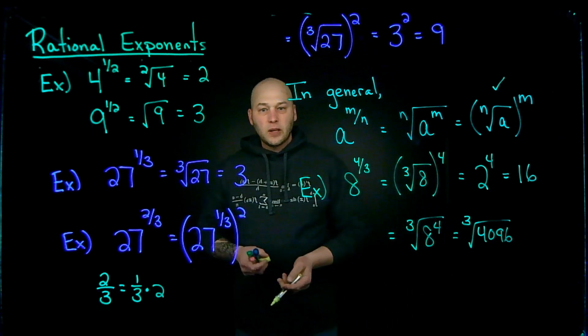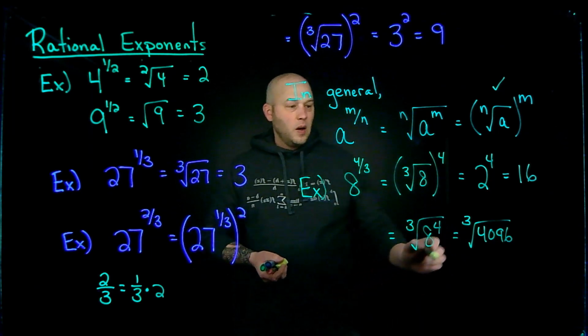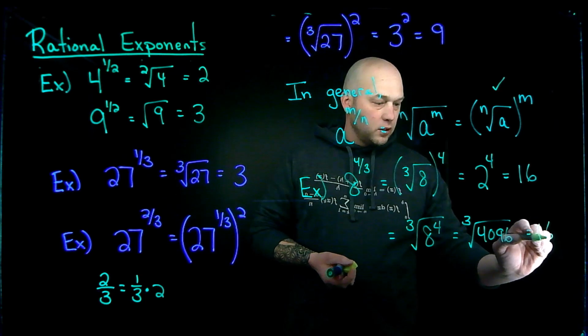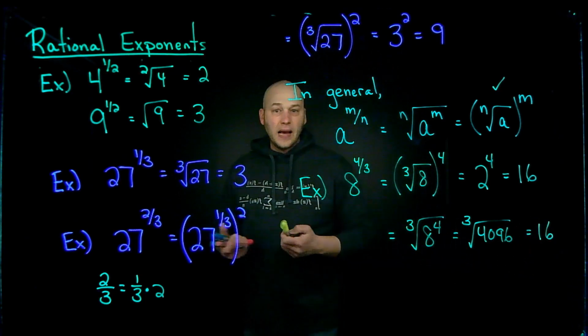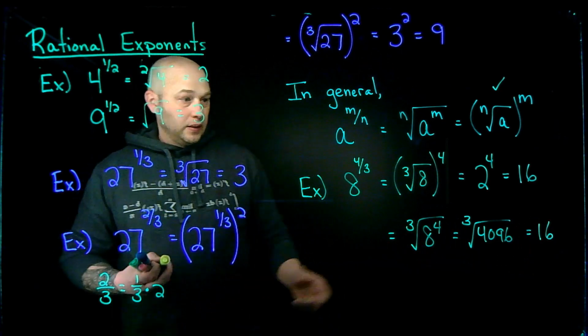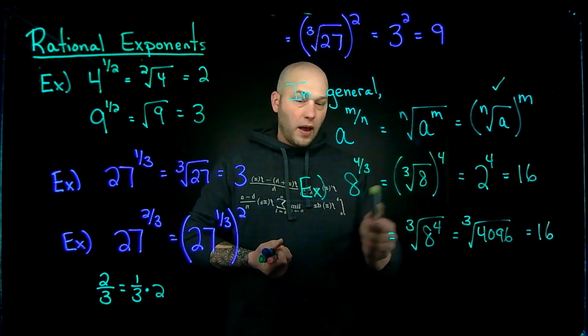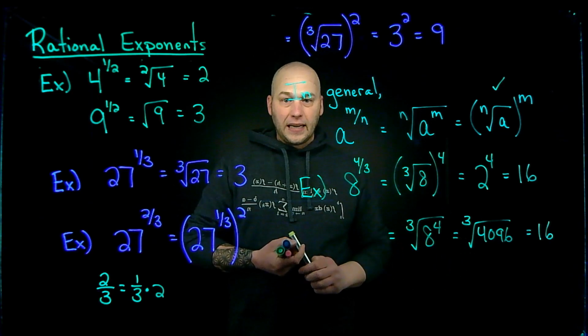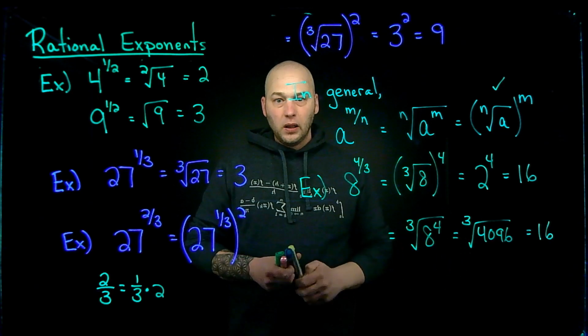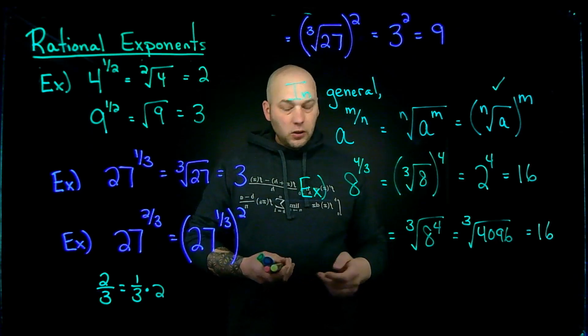Of course, if I'm using a calculator, it's 16. But if we are trying to do this efficiently and we are not using a calculator, I think most people recognize the cube root of 8 rather than the cube root of 4,096, myself included. All right, so let's do one more example.